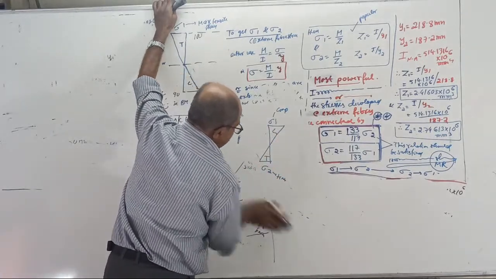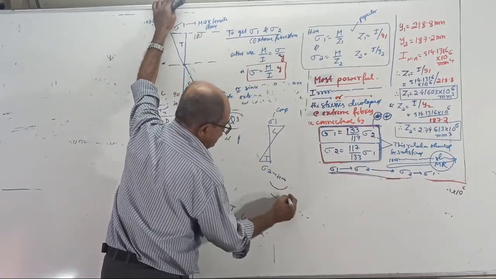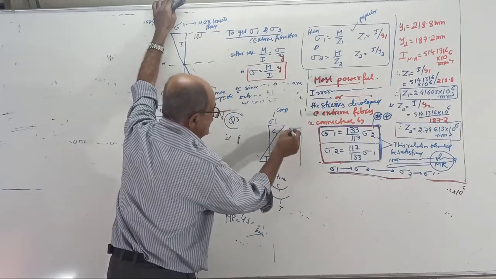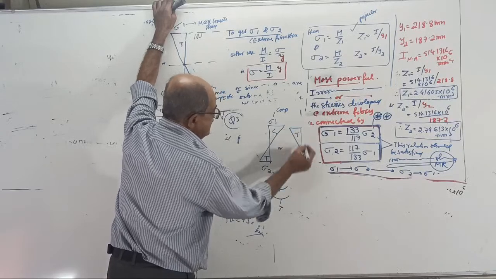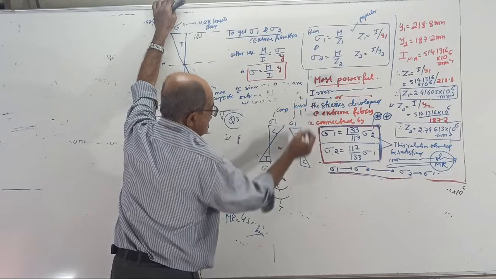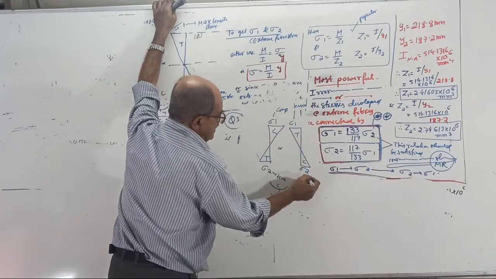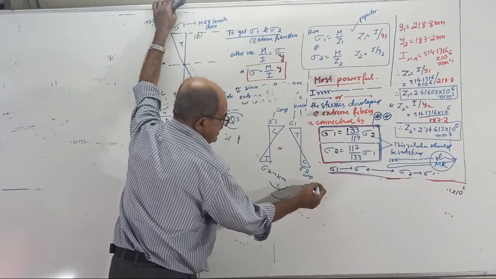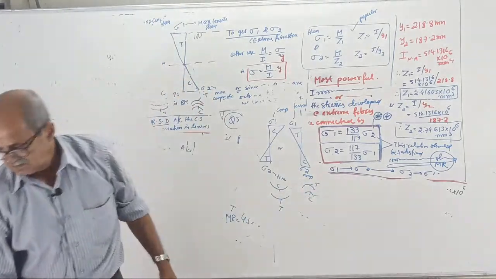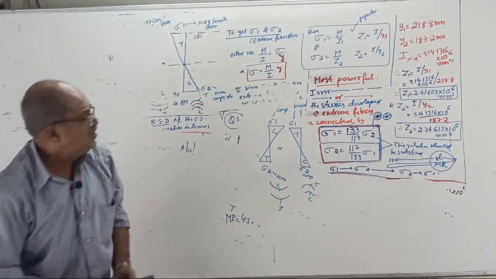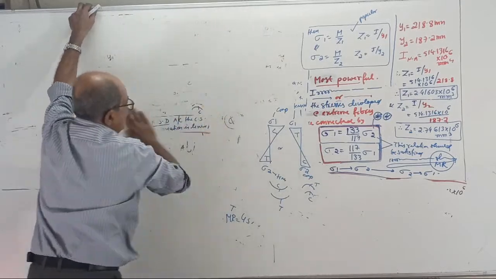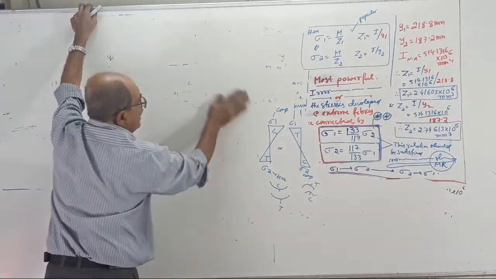If it is sagging BM, it will be like this; sigma 1 is tension and sigma 2 is compression if it is hogging BM. These were already told. I need not write them, but I wrote them so that those who are serious will understand. Okay, start.